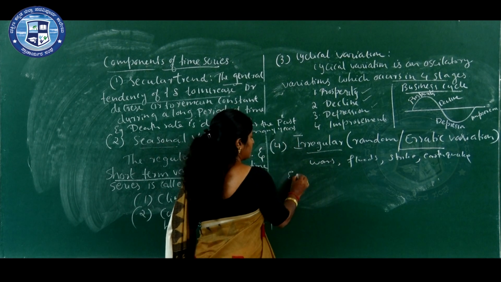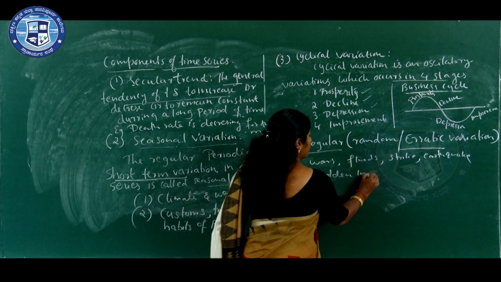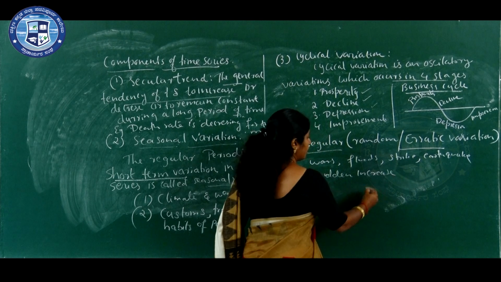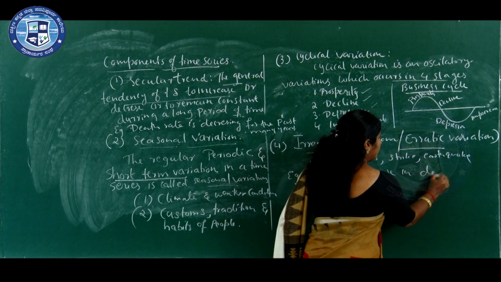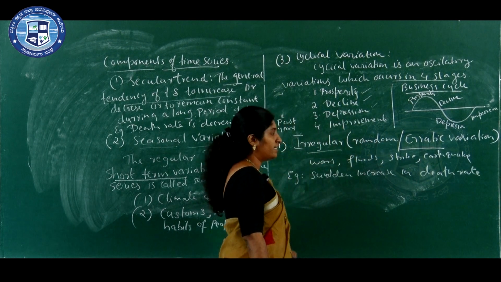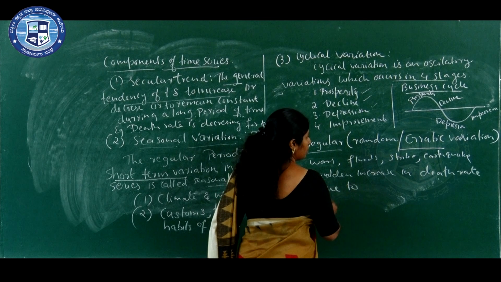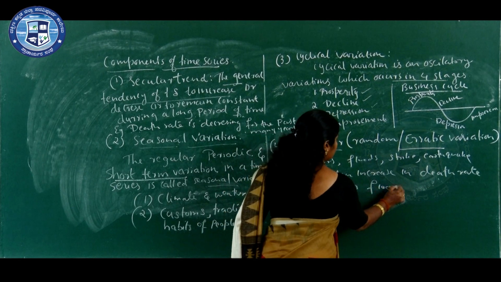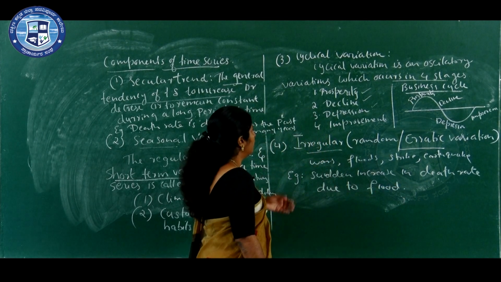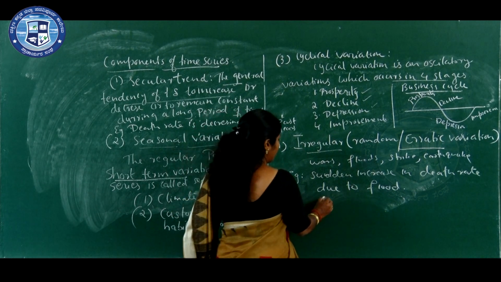Now, an example is sudden increase in death rate due to flood. That is an example for irregular variation. We can give one more example.